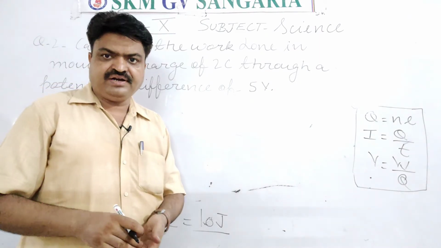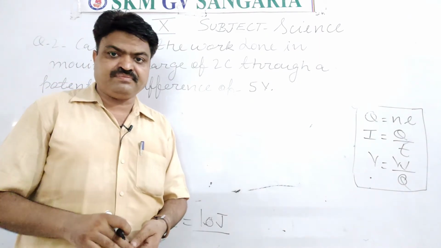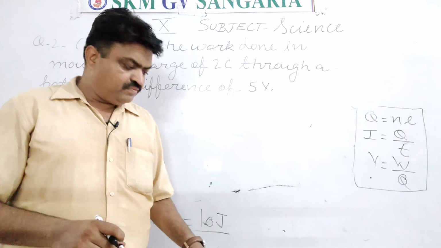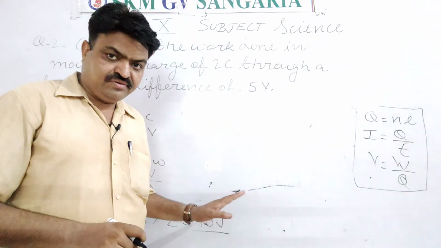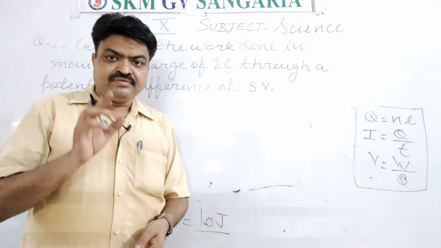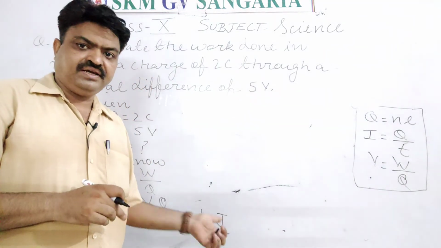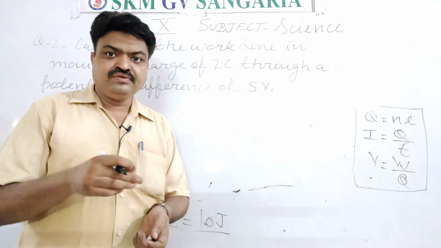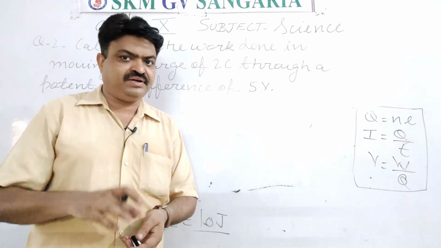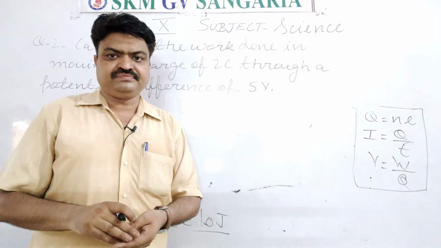It is volt, and we symbolize it by V. So when you write the answer, you should always write the SI unit. Otherwise your marks may be deducted by the teacher.